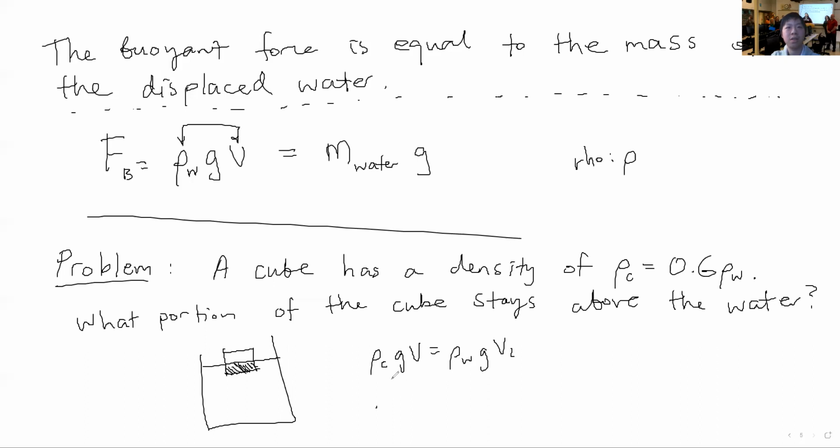And then rho of w equals 5/3 of rho c. And so you can just plug that in, and then you find out that V equals 5/3 V2. And V2 is thus 3/5 of whatever V is, and that's what's underwater. So you just subtract from 1.